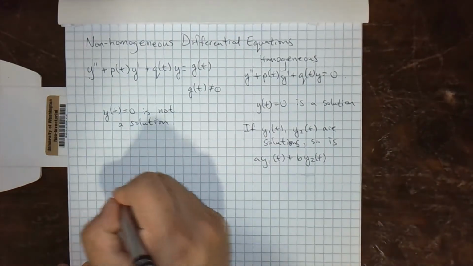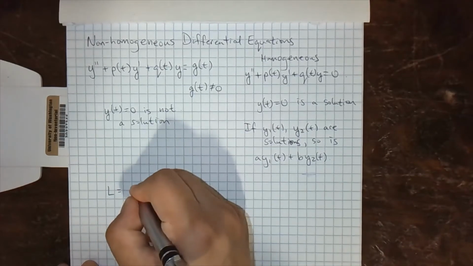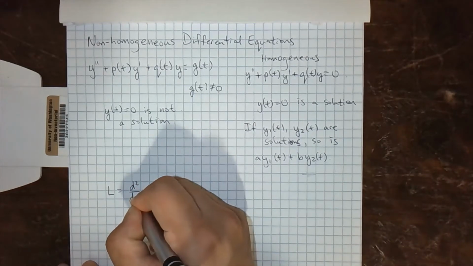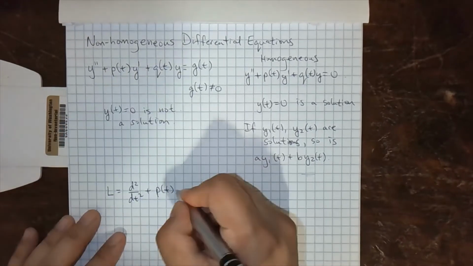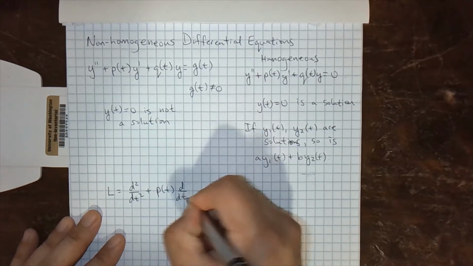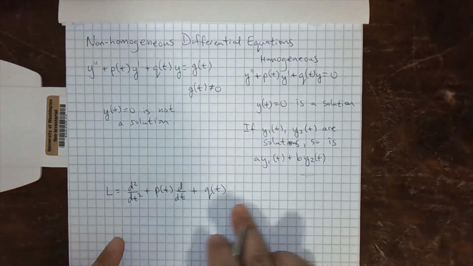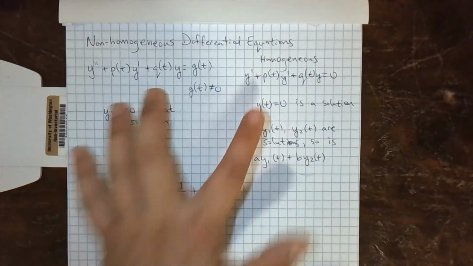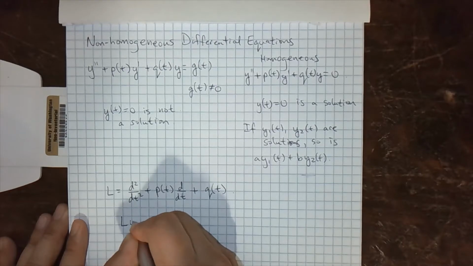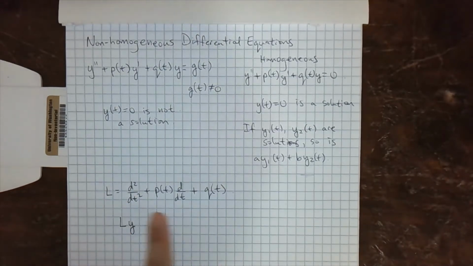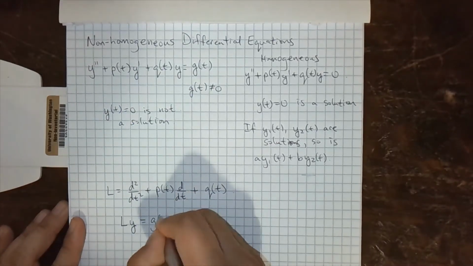And why is that? Well, one way to see this is to pick a differential operator, L, which is going to be the second derivative with respect to t plus these functions, which we can kind of treat as constants for the sake of this, plus q of t. So really we can rewrite these equations. This one is going to be L of y, meaning we apply this differential operator to y. It gives us this exact differential equation equals g of t.